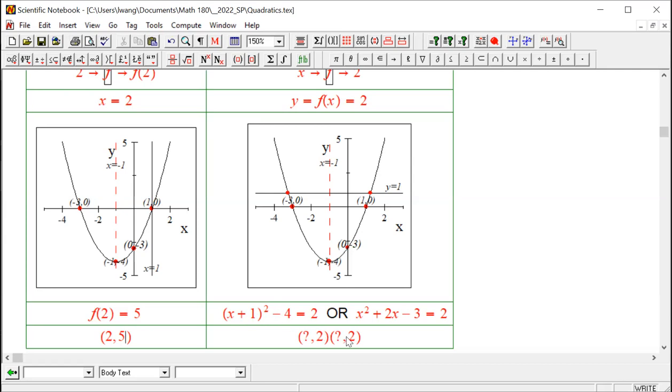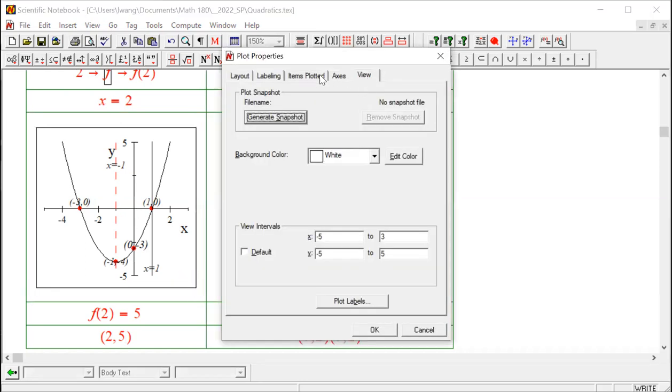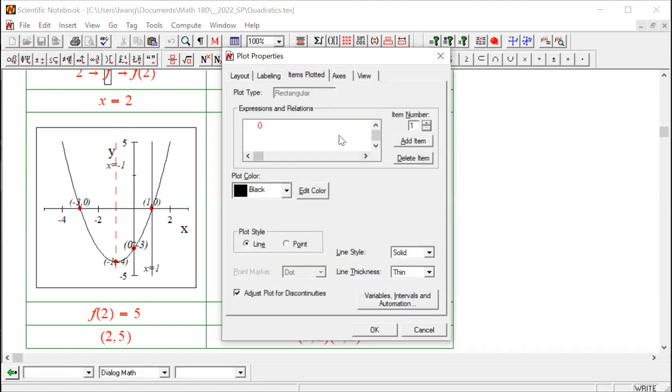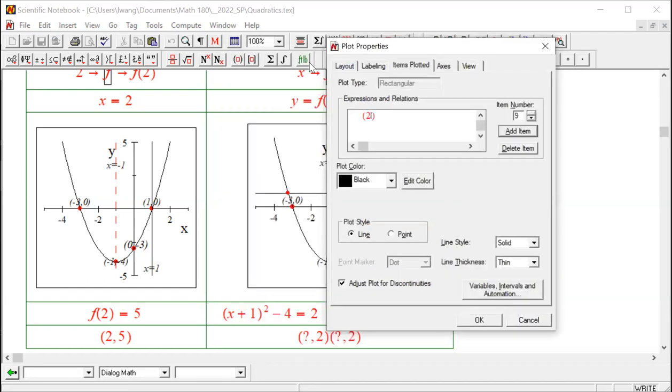So what are the inputs such that the output is 2? You're going to draw the horizontal line. And here you're going to draw the vertical line. So let's draw the vertical line in this picture.